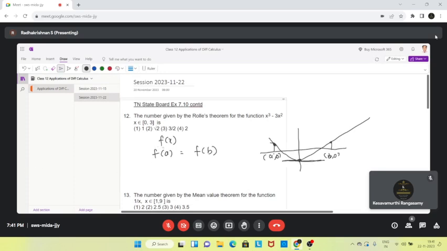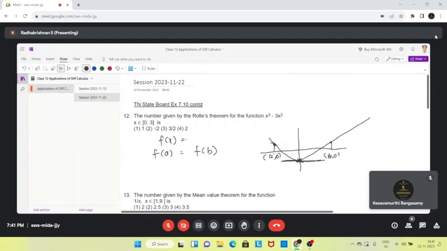So now the number given by Rolle's theorem, at what point does this occur? What is the value of x where the tangent is horizontal, that means slope is 0. So how can we do that?